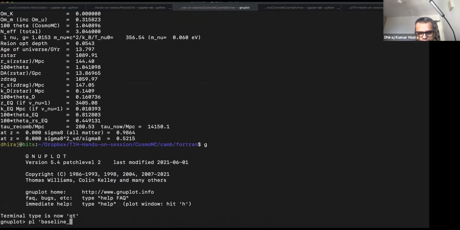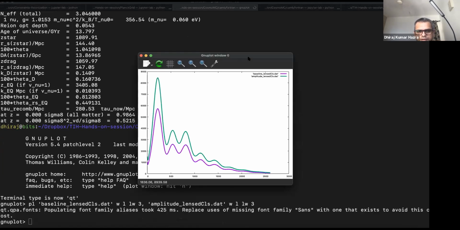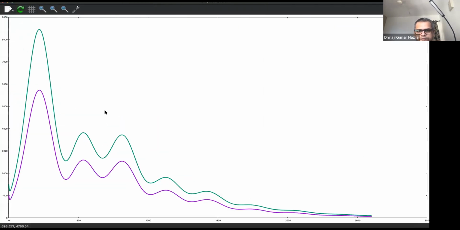Baseline lensed CLs with lensed CLs with 3, amplitude. In one case, I have made the amplitude from 2 into 10 power minus 3 to 3 into 10 power minus 3.